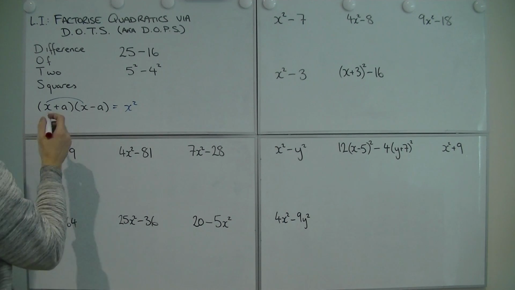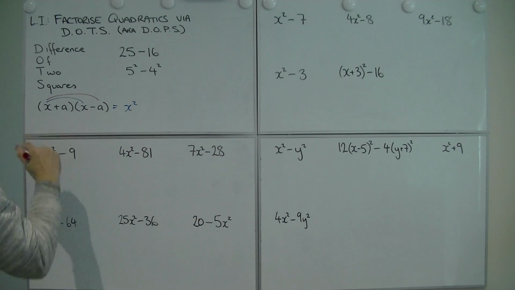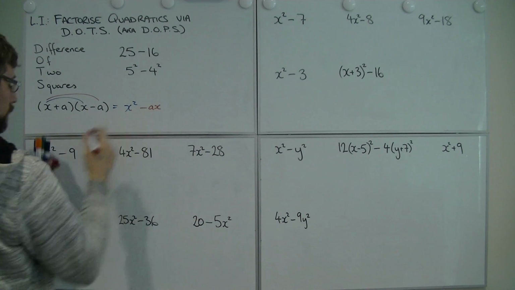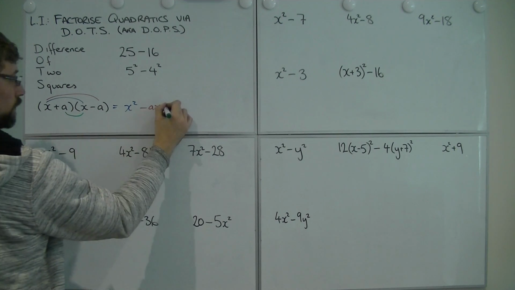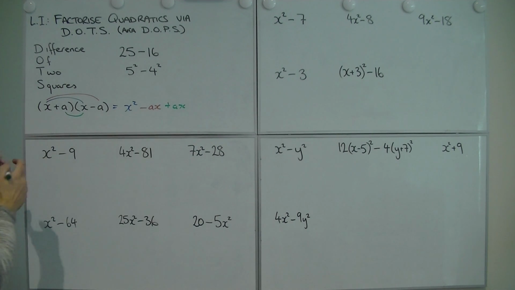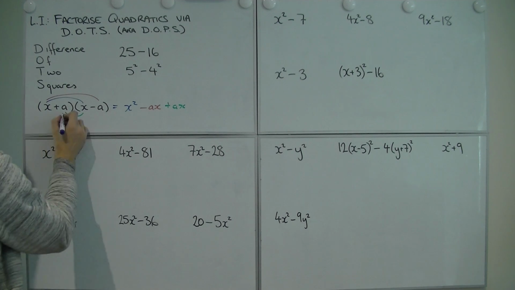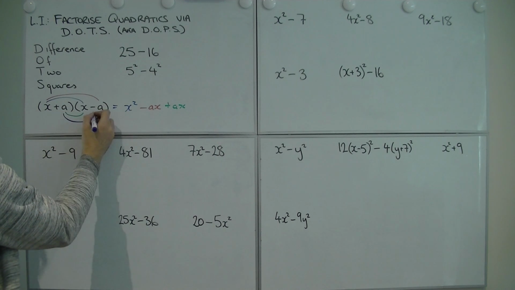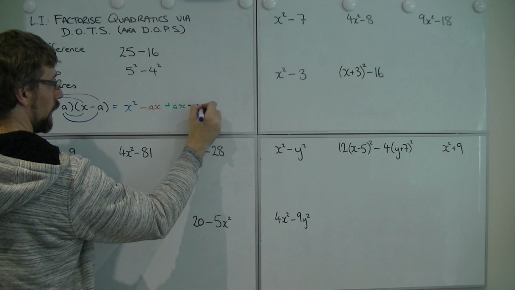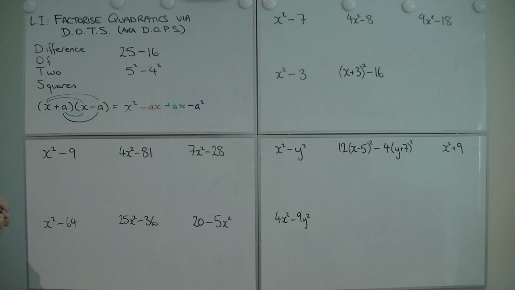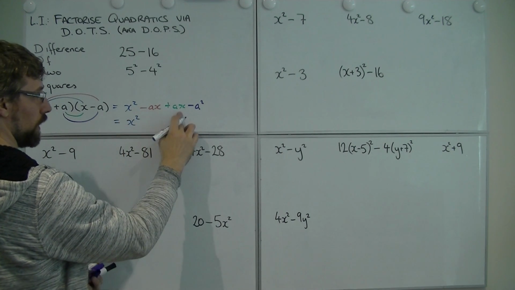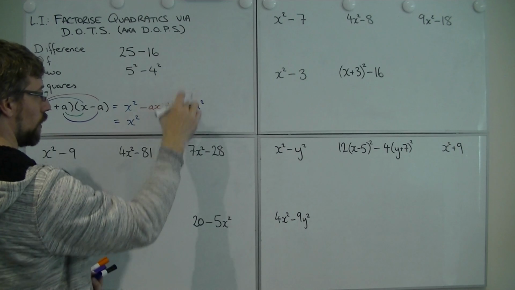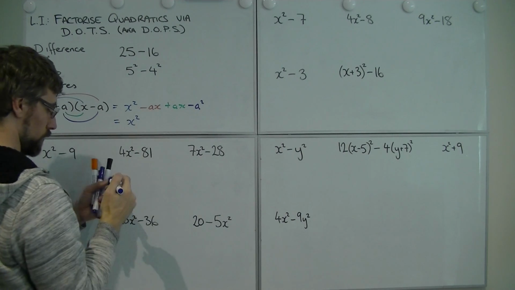Minus ax, gives me positive ax, gives me positive a times negative a, which is negative a squared. Cool. Can I simplify that down? Well, yeah, I definitely can. Still got an x squared. These two, minus ax and plus ax, they're going to kill each other. So they're gone, but I've still got this minus a squared.